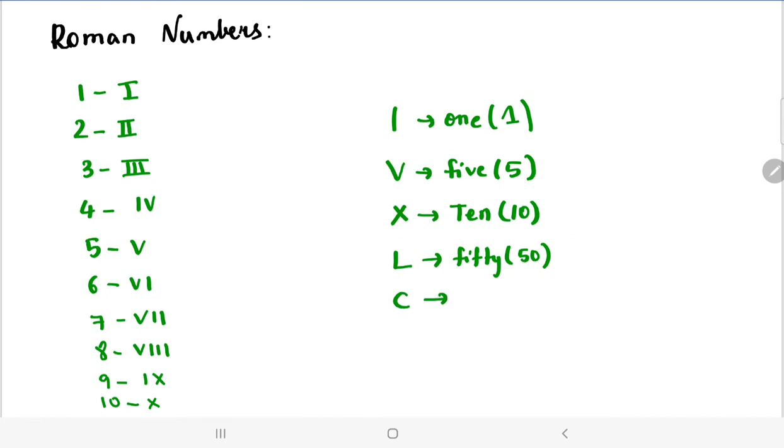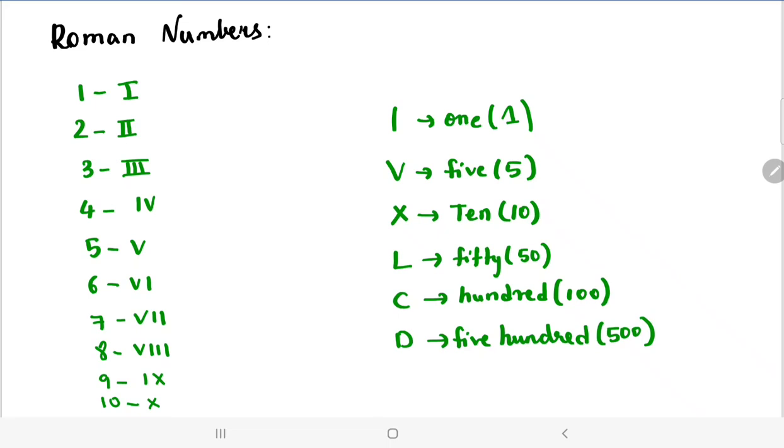If I represent C, then this represents 100. If I write D, then this represents 500. When I am writing M, this represents 1000.